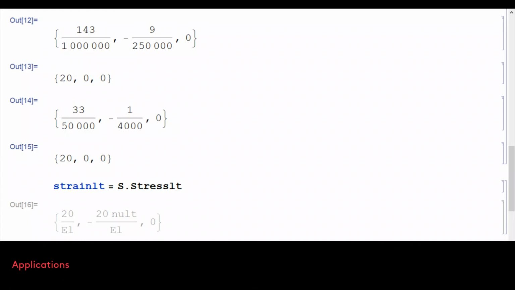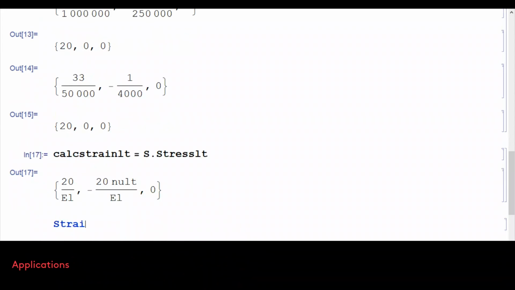So this is the calculated strain. Now this has to be equal to the measured one, strain LT.